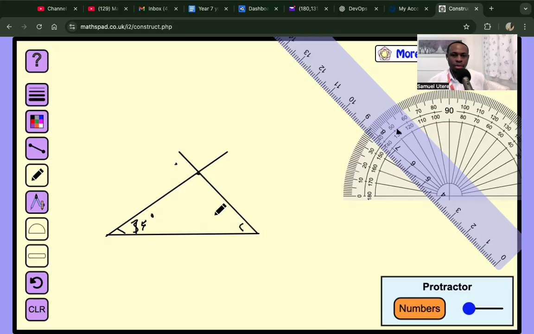That's 40 degrees. Okay. And this is 7 centimeters. Okay. So that is how you would do an angle side angle construction using your equipment.